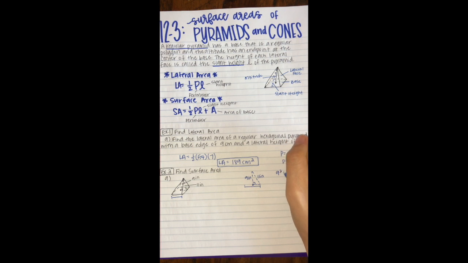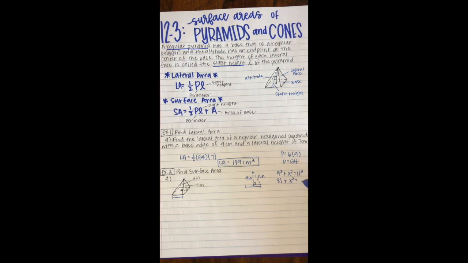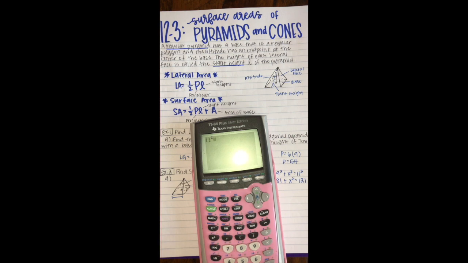So we do 9 squared plus x squared equals 11 squared. 9 squared is 81. 11 squared, I think it's 121. Yep, minus 81, and we get 40. So x squared equals 40. Take the square root. We get x equals 6.32.